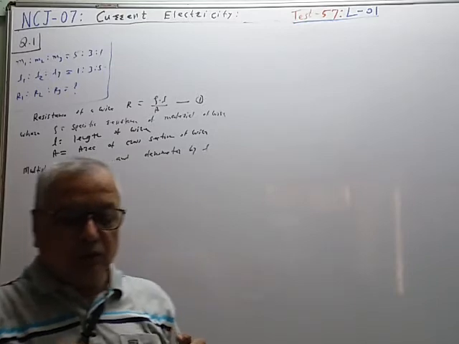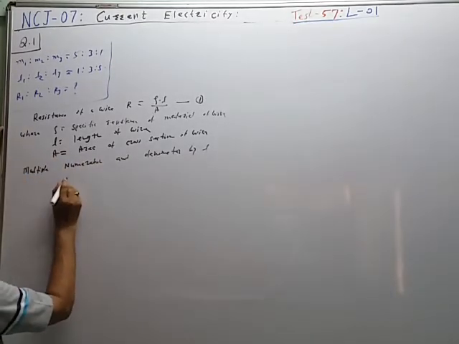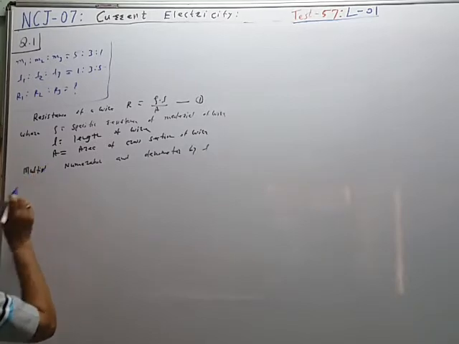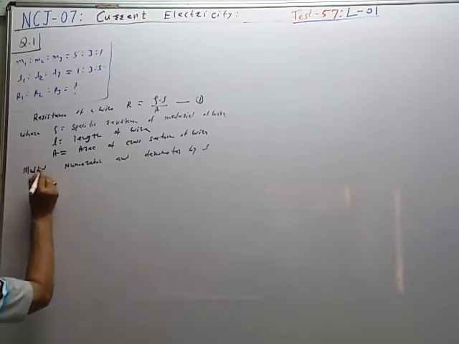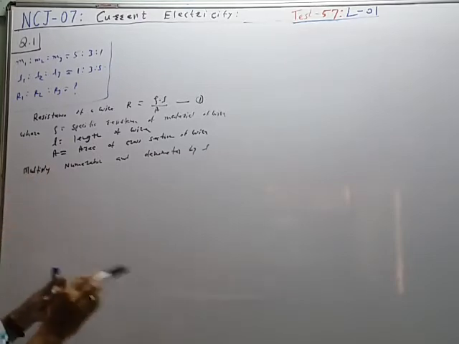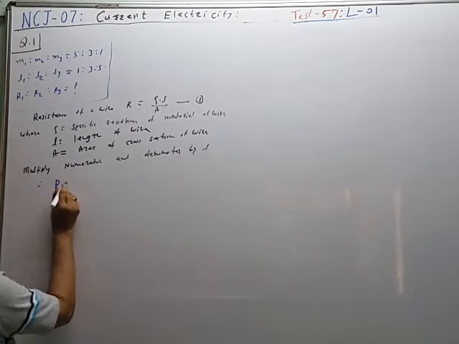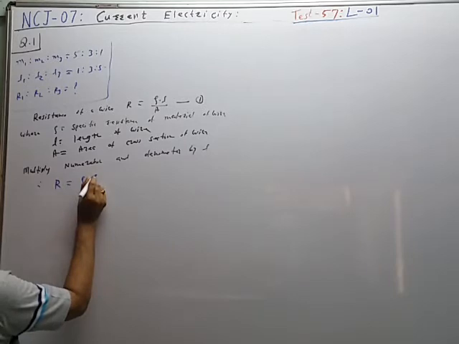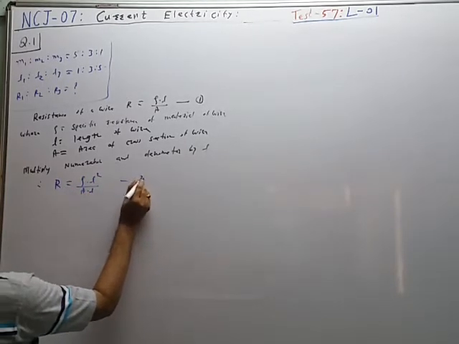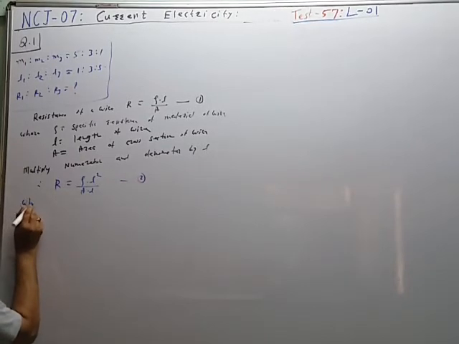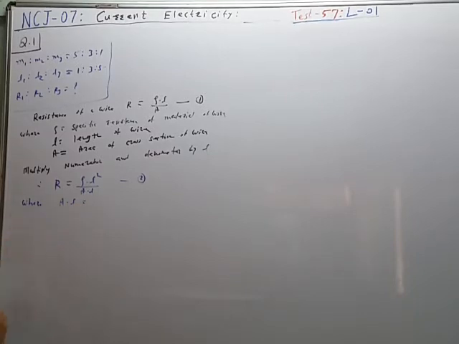So now if you multiply numerator and denominator by L, therefore R is equal to rho into L square upon A into L. This is equation 2, where A into L, area of cross section multiplied by length.